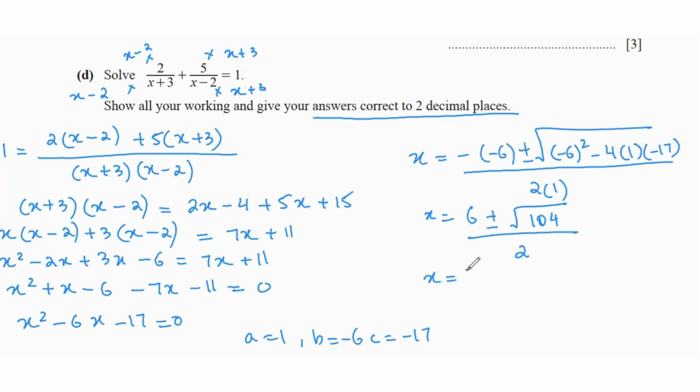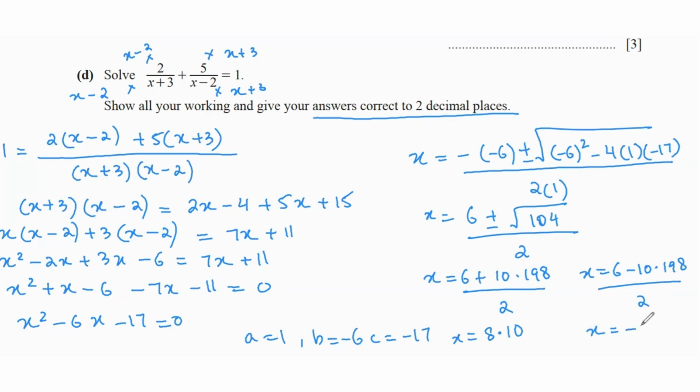So one value is going to be 6 plus square root of 104, which is 10.198, over 2. That's going to give us 8.10. And the other is going to be 6 minus 10.198 over 2, which is going to give us -2.10. So these are the two values of x corrected to 2 decimal places.